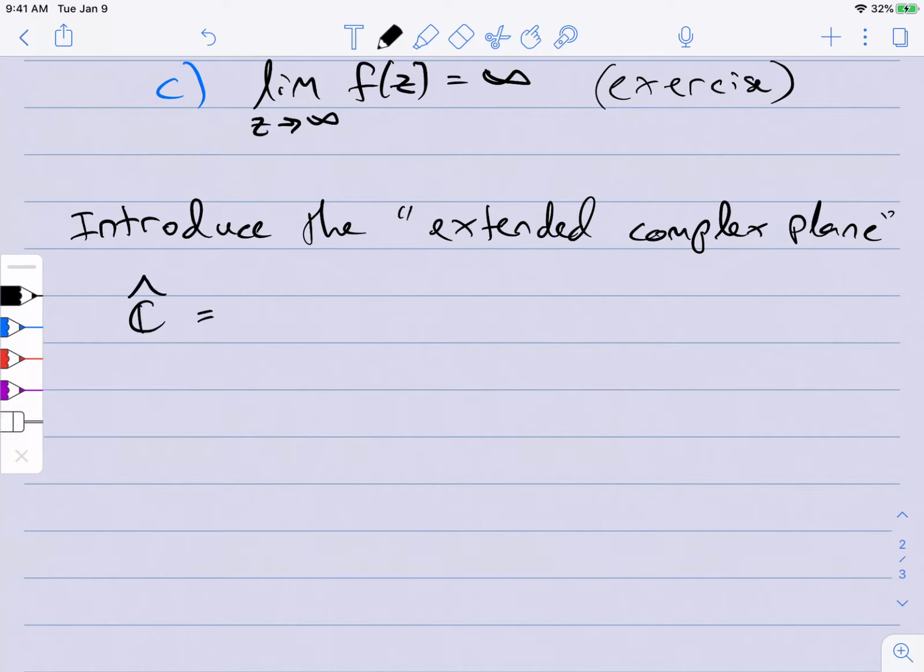And what is this? Well, it's a set, and the set includes all the complex numbers and a new point, which we're labeling infinity. So it's just a way of talking about the complex numbers plus the number infinity. It's a complex plane with one extra point.